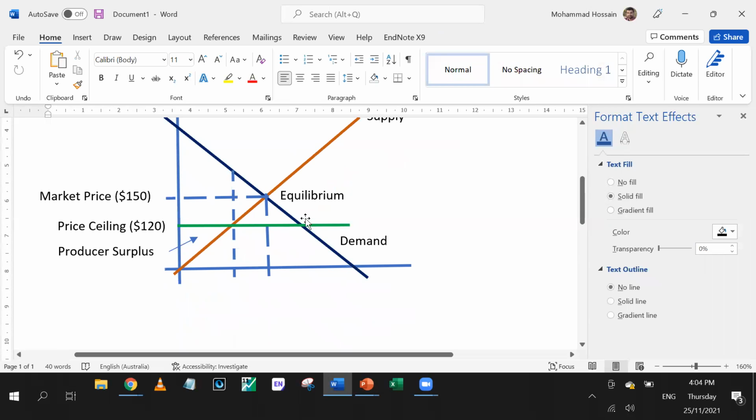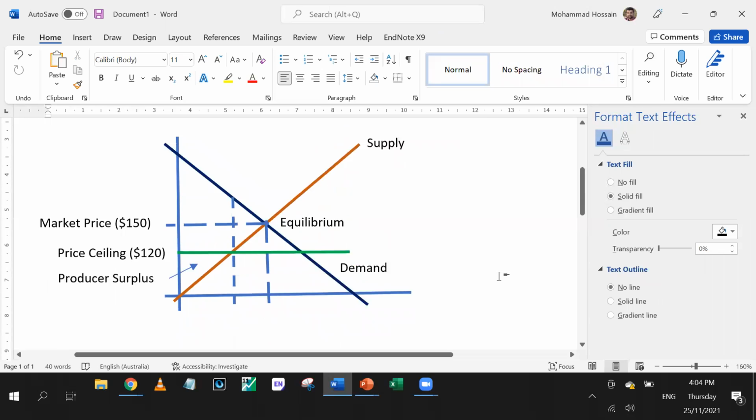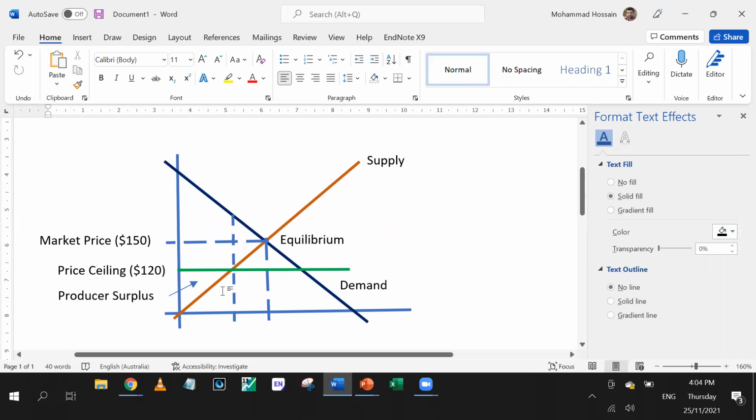All right, so this is the thing I wanted to talk about from last week. And an interesting thing, look here: when we say price ceiling, it means the maximum price you pay. So 120 is the maximum price you pay, that's why they call it price ceiling. When you take this one at the top, this is not a price ceiling, this is the price floor.